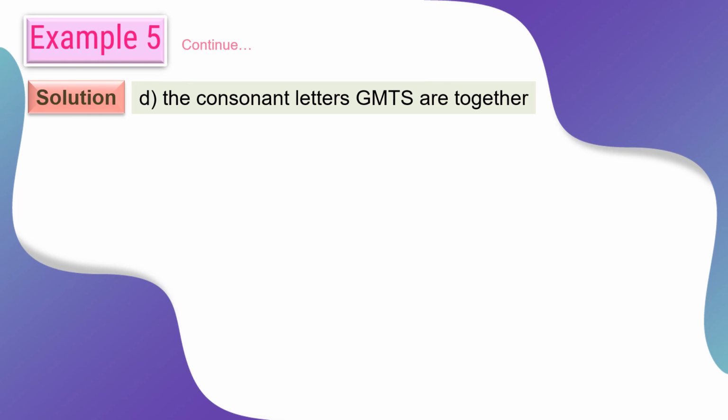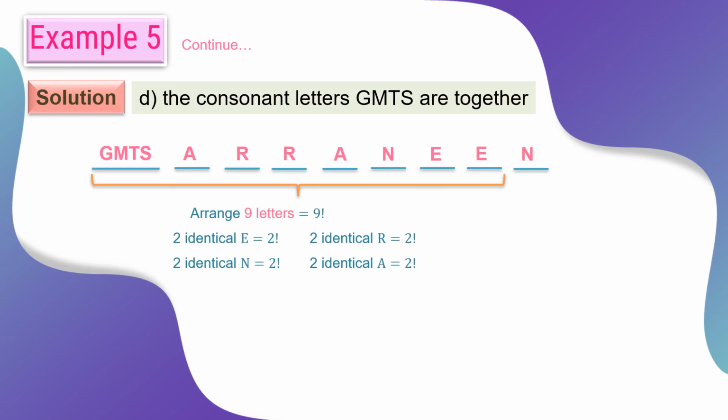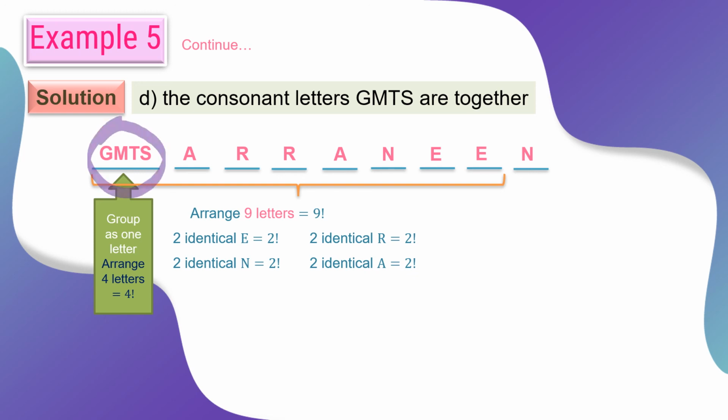Okay, next example D. The consonant letters G, M, T, S are together. So first you try to put G, M, T, S in one group, and then the extra letters we write down: E, R, R, E, N, E, E, N. Okay, so this is one group, GMTS, 4 letters, and this one you can put as 4 factorial because we have 4 different letters GMTS.